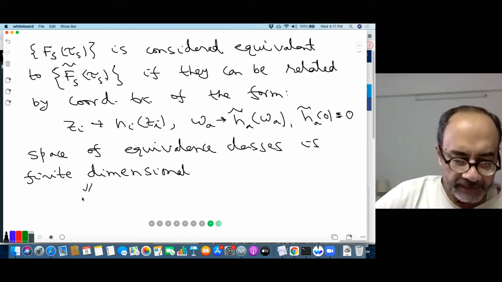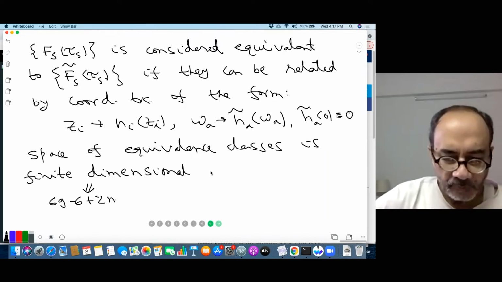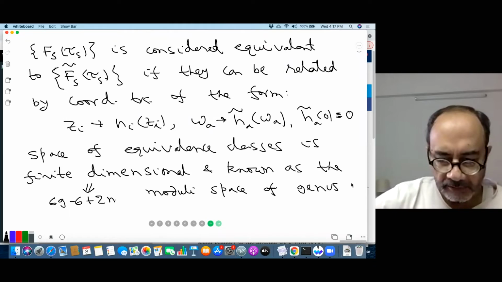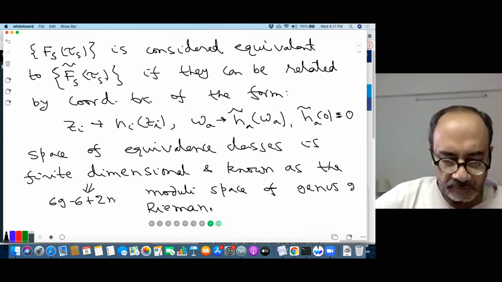Precisely, it's 6g minus 6 plus 2n dimensional. This is real dimension and known as the moduli space of genus G Riemann surfaces with n punctures.